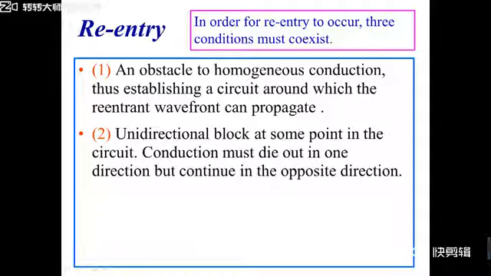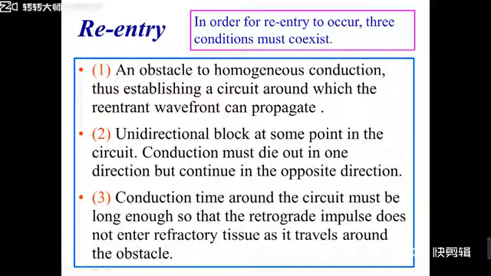Unidirectional block at some point in the circuit: conduction must die out in one direction but continue in the opposite direction. Conduction time around the circuit must be long enough so that the retrograde impulse does not enter refractory tissue as it travels around the obstacle.